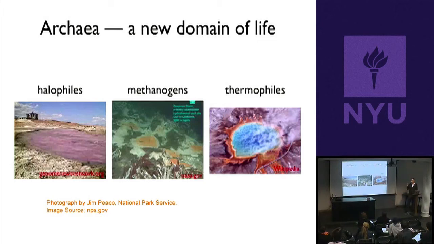If you threw an E. coli cell onto that dry lake bed and said, go ahead, try your best, they would die pretty quickly. But there are organisms that love that environment, that can live on a very, very concentrated brine solution. It turns out that they're microorganisms, single-celled like bacteria, and they're pink, so that's why this picture is pink. And you can see that they've taken over the entire lake bed.